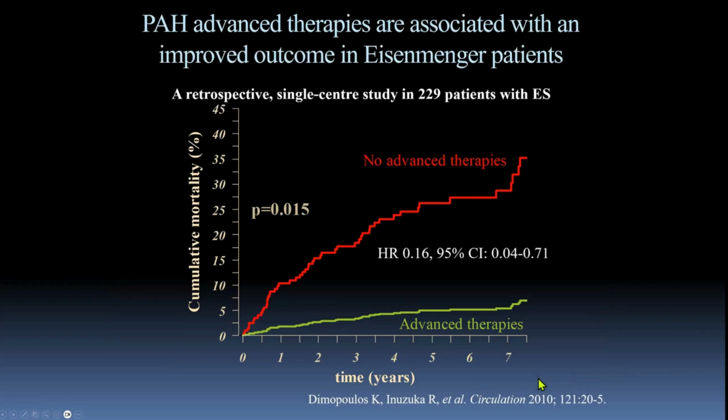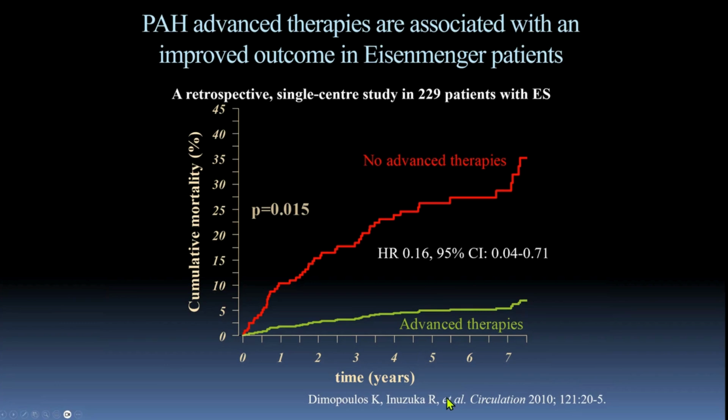Very strong data. Many years ago, we published data from the Brompton with statistical analysis to account for differences between patients on therapies and not on therapies, showing that at that point there was a clear effect not only on exercise tolerance, but also on outcomes, on mortality, by giving these therapies.